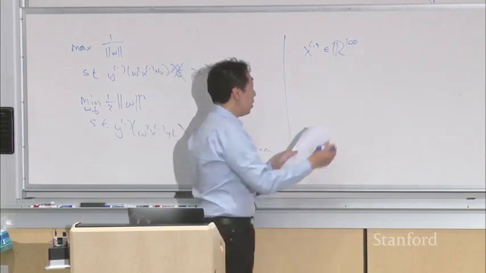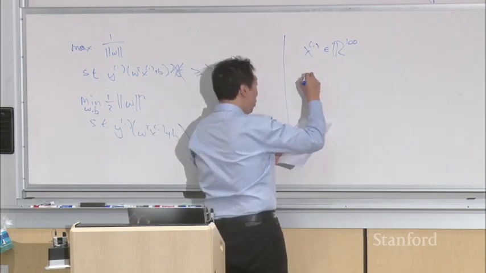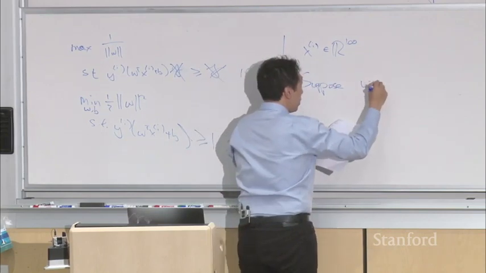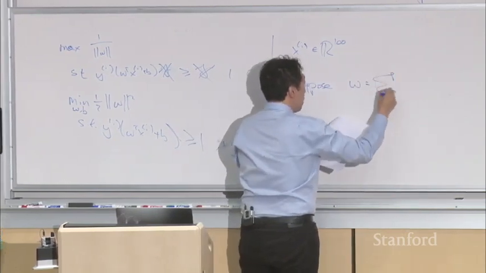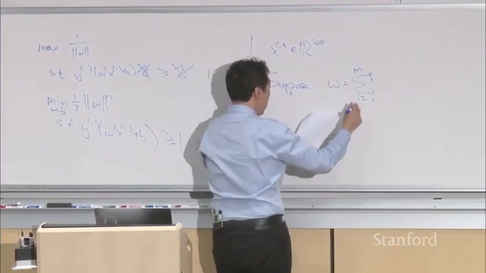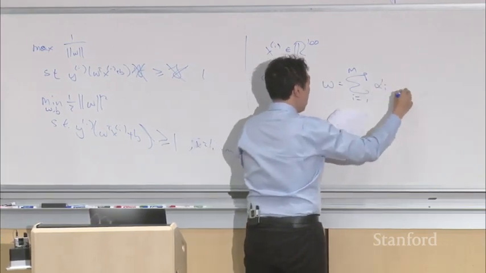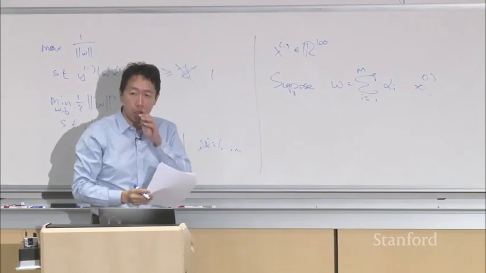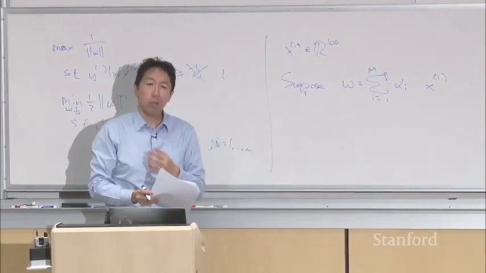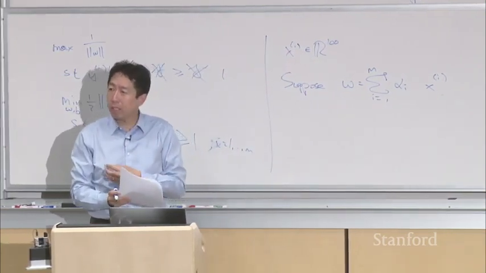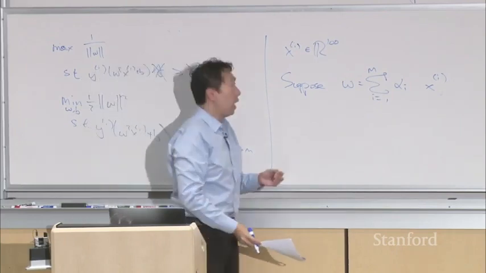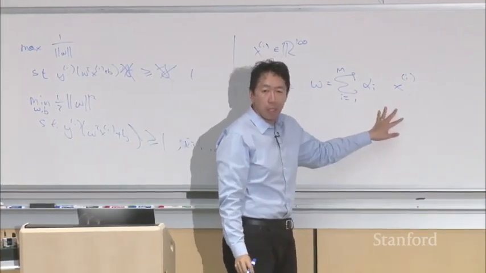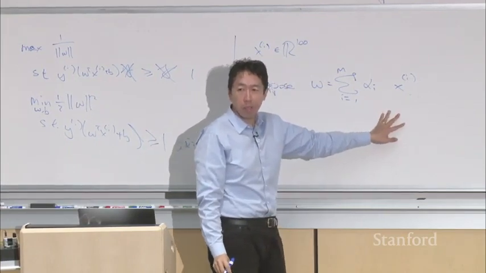And what we will assume is that w can be represented as a sum, as a linear combination of the training examples. Okay? So in order to derive the support vector machine, we're going to make an additional restriction that the parameters w can be expressed as a linear combination of the training examples, right?